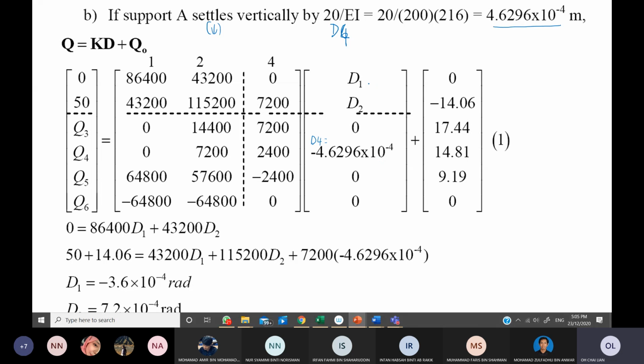So we have D1, D2, and also D4. But D4 is known. It is not unknown. It's a known value. So the process of calculating is still the same. Only we need to include column number 4 in your structure stiffness matrix.